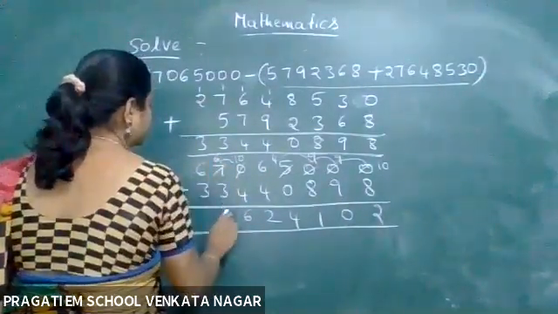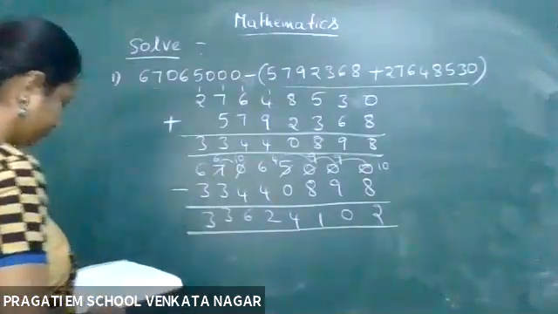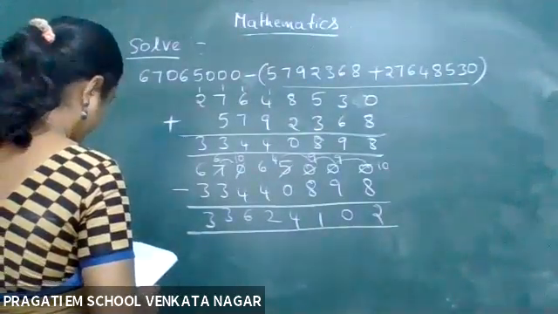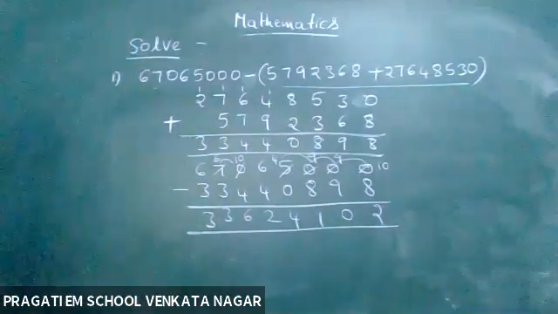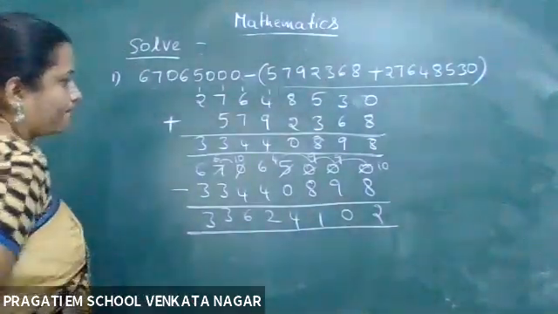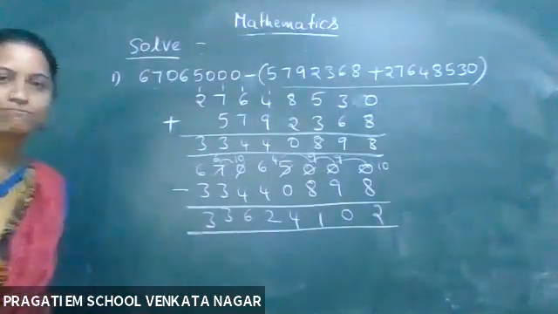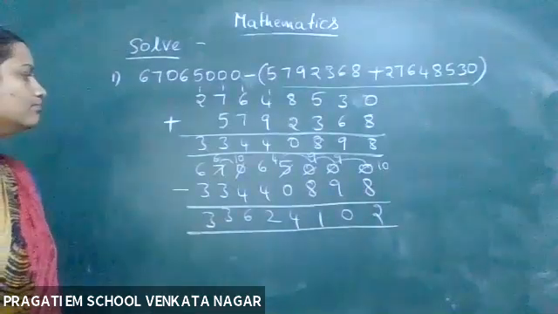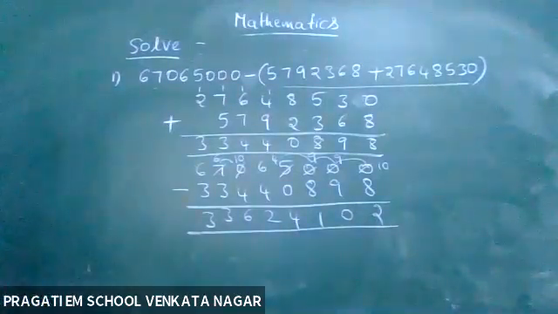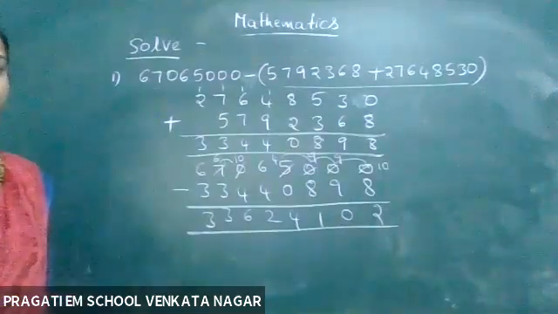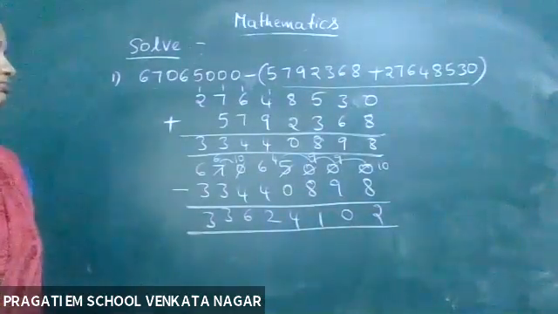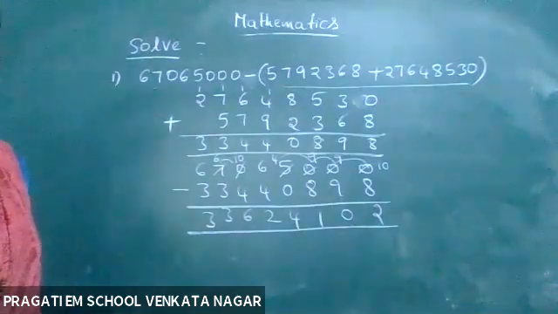And we are left with 6. 6 minus 3, 3. Shall I wipe off the board, children?